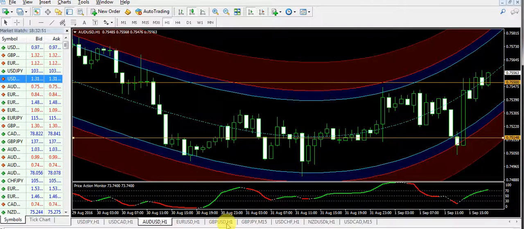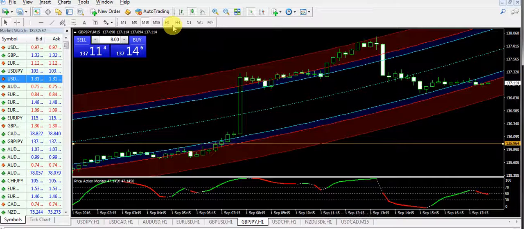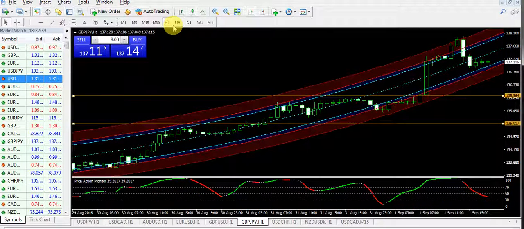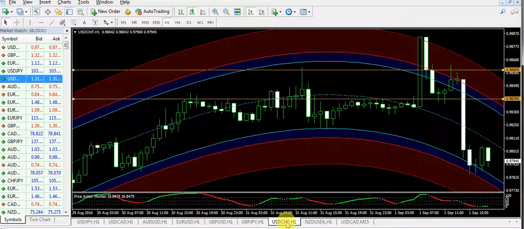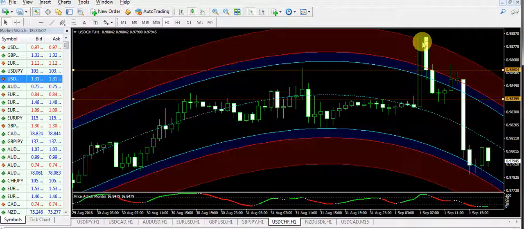So what is the confirmation type? Let me show you. Look, no, sorry, let me go to another chart so that I can show you. Okay, so guys, have a look here. USD CHF went high, and after that the bearish pattern started.